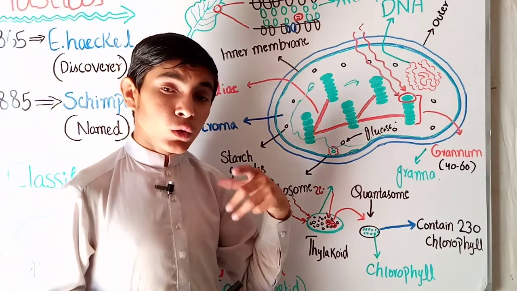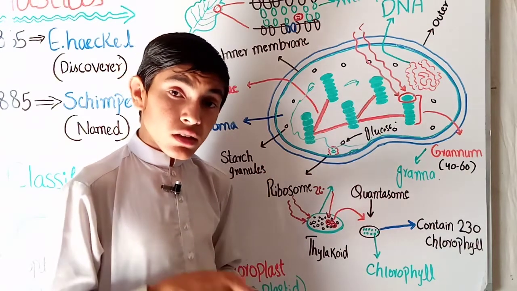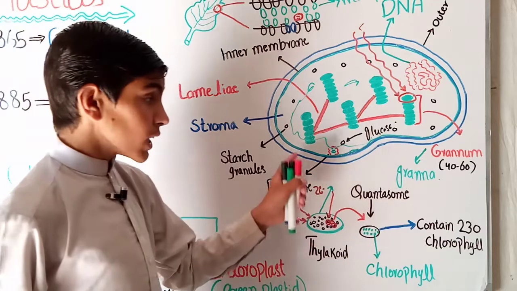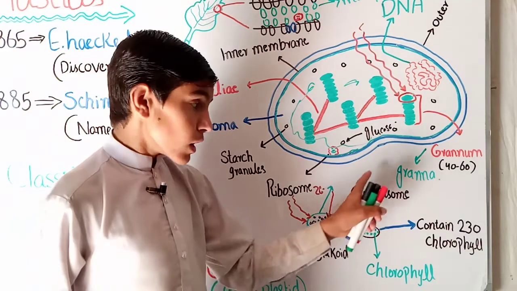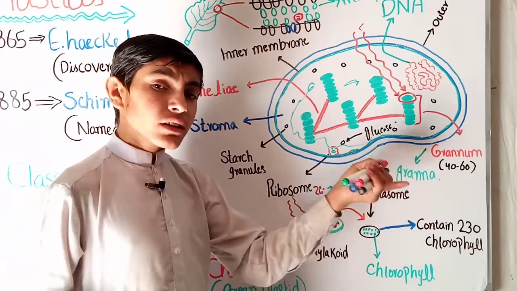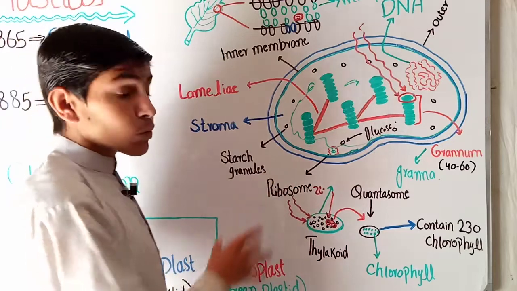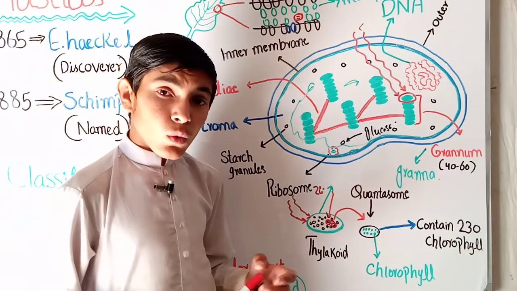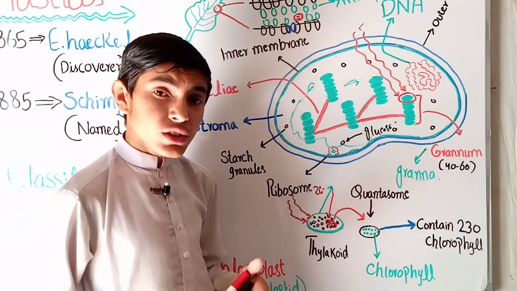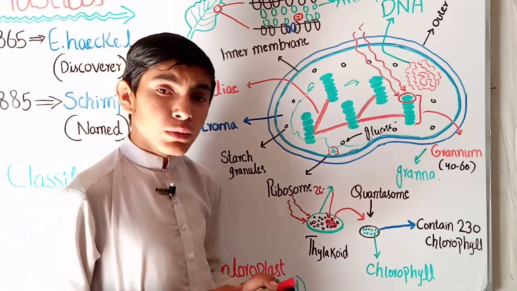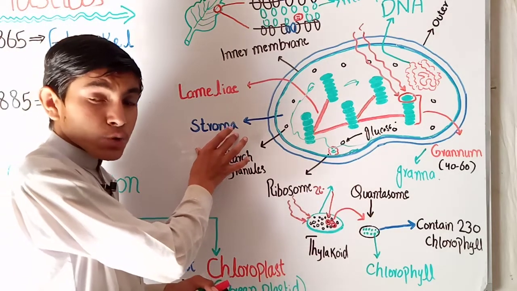Now this chloroplast is going to synthesize glucose. The cell will absorb CO2 from our atmosphere, and the energy will come out of the thylakoid. Then the direct reaction will occur, and as a result glucose will be prepared, and that whole process of direct reaction occurs in the stroma.